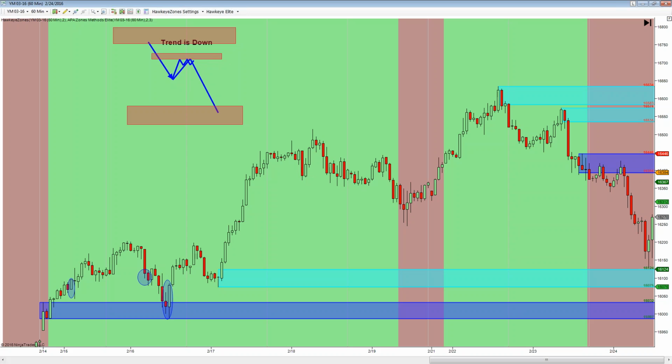So I really feel like it's more important to define the trend and be cognizant of where the trend is versus looking at one particular zone on any given time frame and saying, well, this level held really well here. If the trend is down, more than likely this kind of thing is going to happen.